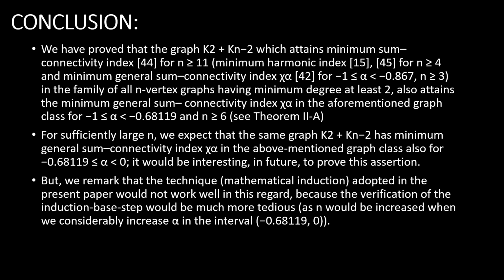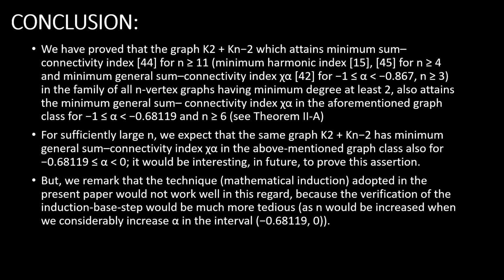See Theorem 2a. For sufficiently large n, we expect that the same graph K2 + K(n−2) has minimum general sum connectivity index Xα in the above mentioned graph class also for −0.68119 ≤ α < 0. It would be interesting in future to prove this assertion.